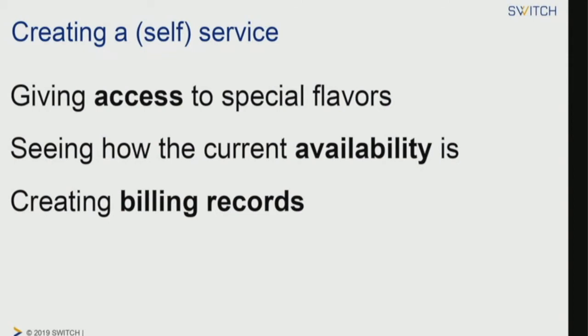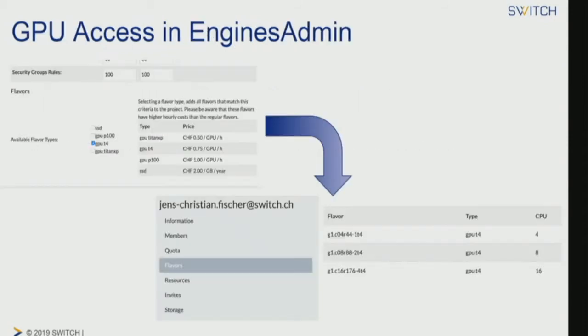We cannot just give out GPUs to everybody and let them rip. And of high interest to us, we also need to create billing records so we can invoice you for the cost. So in my experience as a product manager for SWITCHengines and the whole service thing, these are the really difficult problems in providing services. It's not the technical implementation, but getting that to customers.